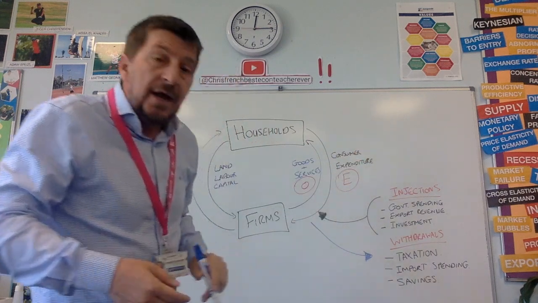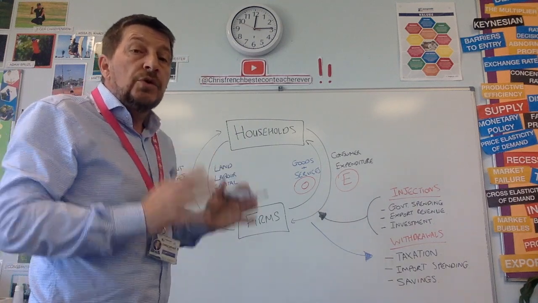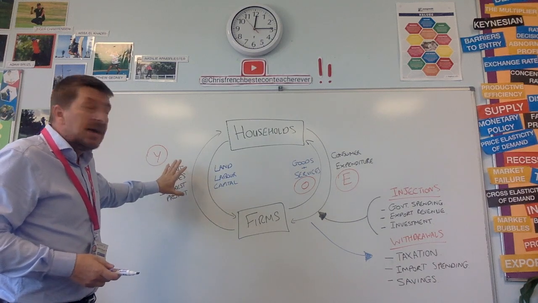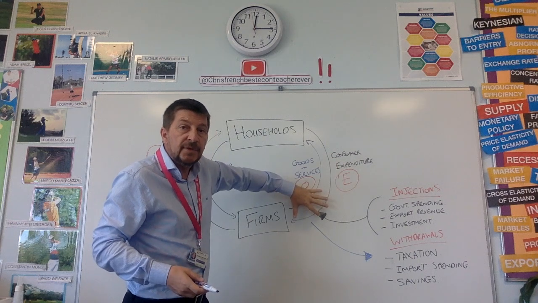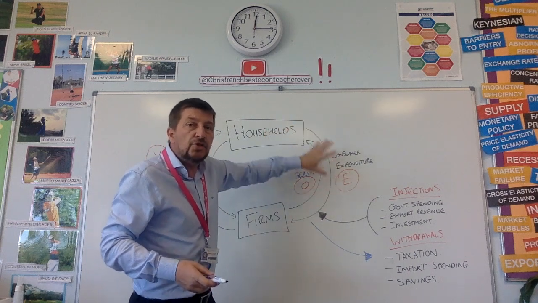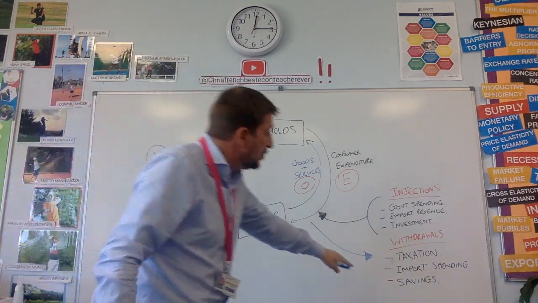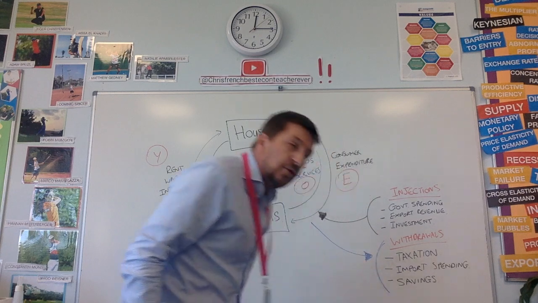And lastly, we see that not all consumers will take this factor payment and spend it directly on goods and services. Okay, this level of consumption is likely to be restricted a little bit if they choose to save some of their income.